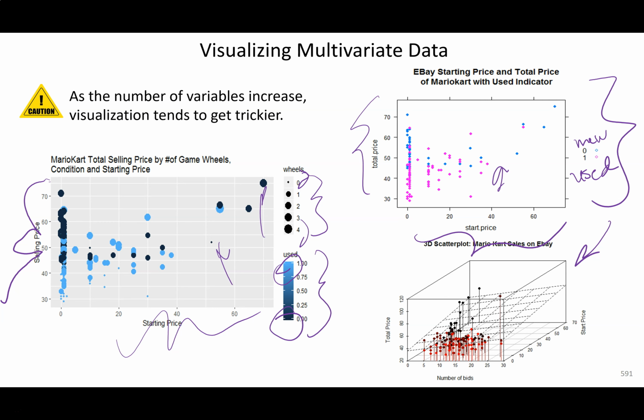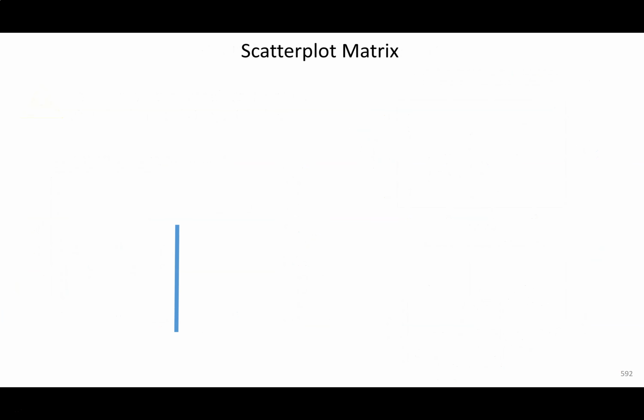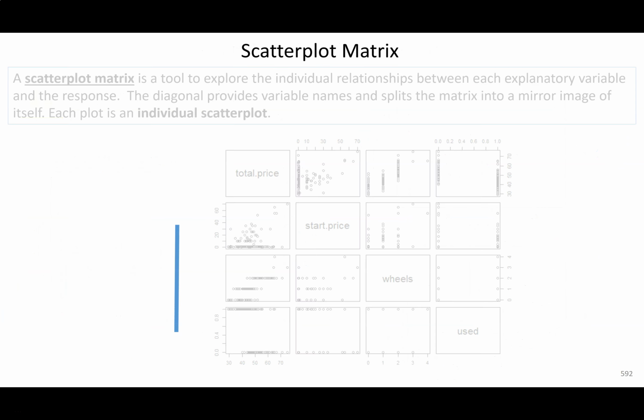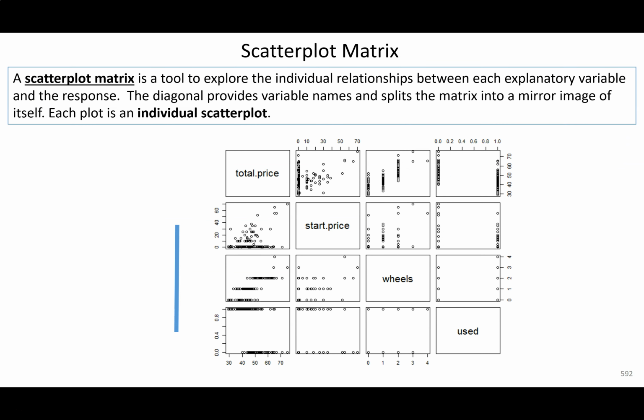It's not going to be in between here. So as my scatter plot matrix, this is something that we use quite a lot, is we go ahead and plot the scatter plots for, usually we will put the response here, and then we'll have our various explanatory.